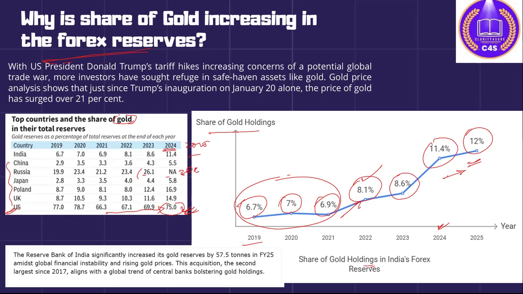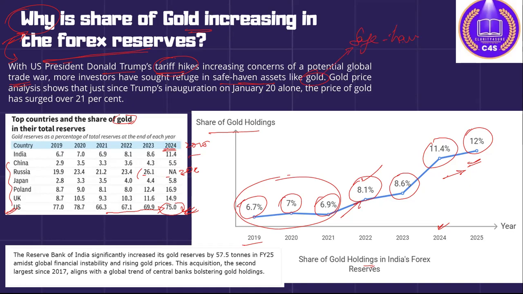See here, with US President Donald Trump's tariff hikes, I am giving the answer why the share of gold is increasing these days. What is the reason? Because of Trump's tariff hike, tariff war. With increasing concerns of a potential global trade war, more investors have sought refuge in safe haven assets like gold.